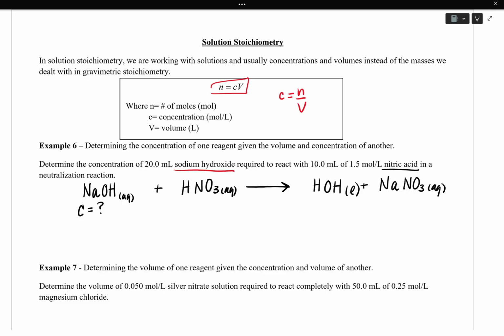And I just forgot that they told us the volume of sodium hydroxide. So let's write that down first. 20.0 milliliters. They told us the volume of nitric acid is 10.0 mL. And the concentration of the acid is 1.5 moles per liter.